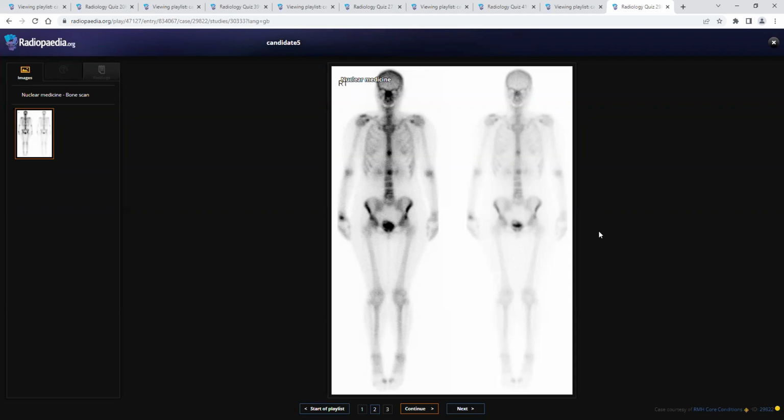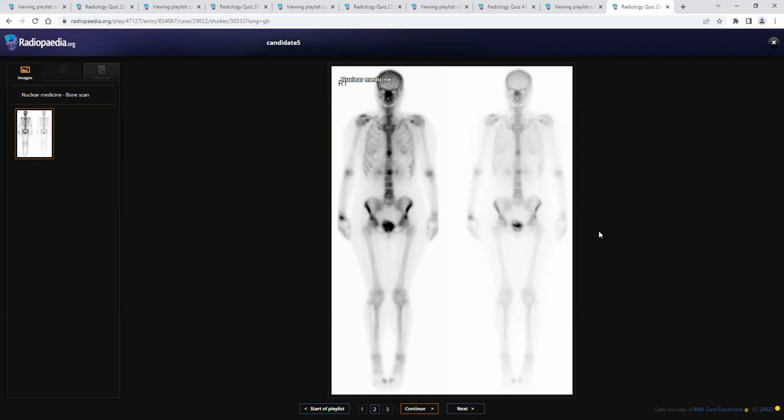So my differentials would include multifocal mets in this patient. If this is a female patient, I would recommend further evaluation with a clinician who can examine the patient for her breasts.